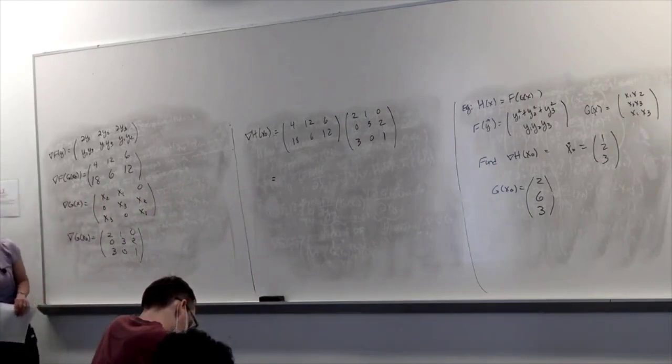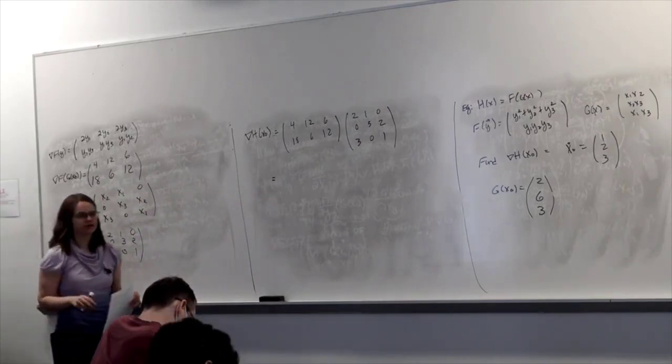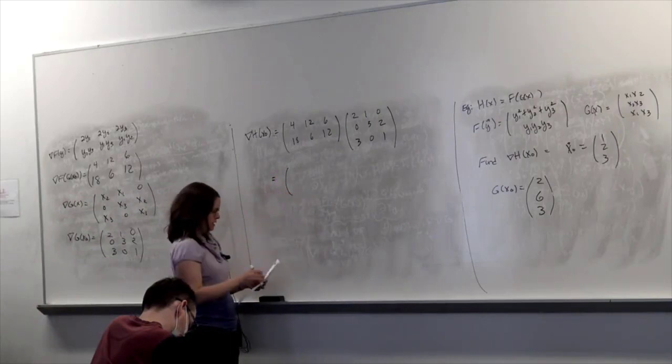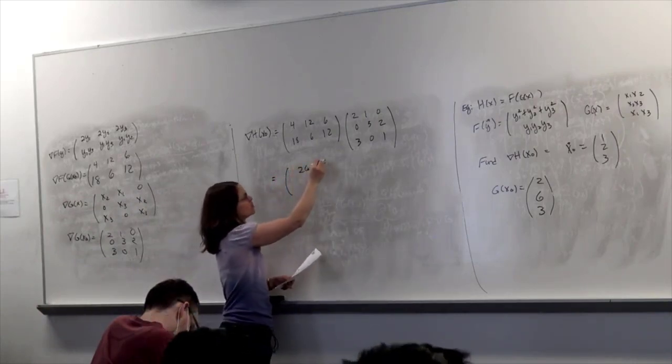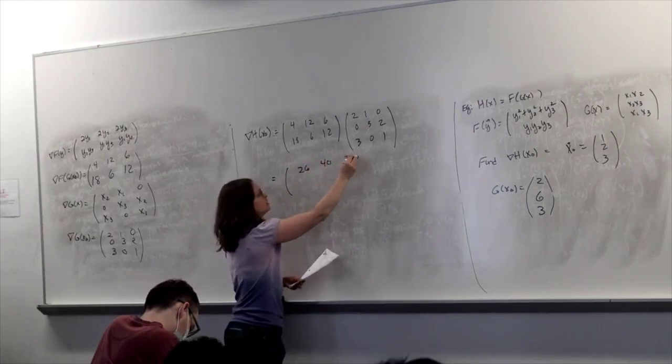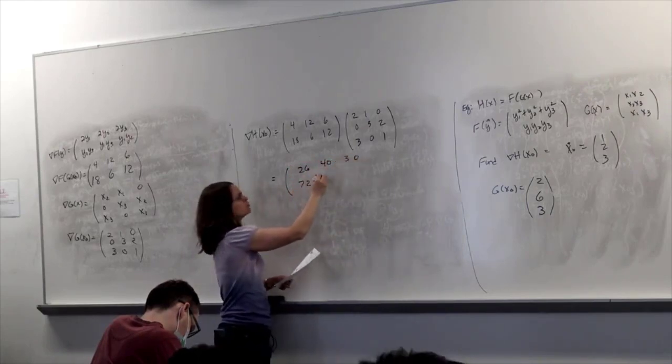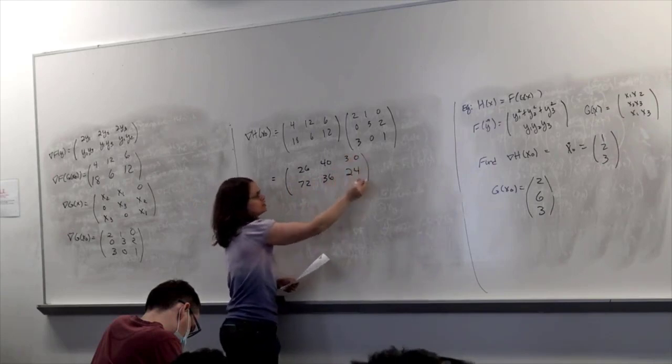Okay, 2 by 3 times 3 by 3, the sizes work out, that's good. Okay, and then if I've done this multiplication right, I should get 26, 40, 30, 72, 36, 24.